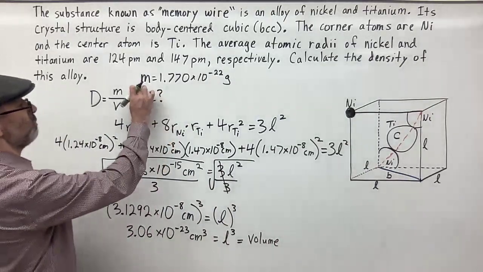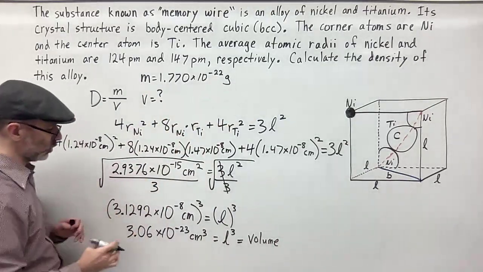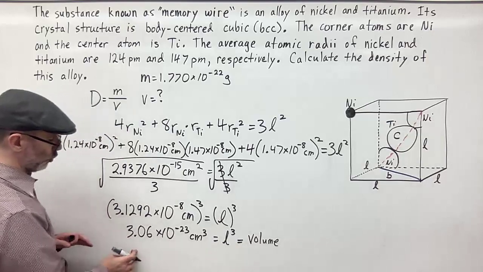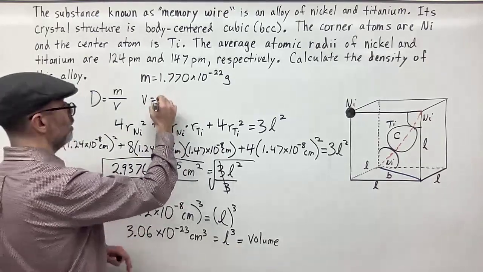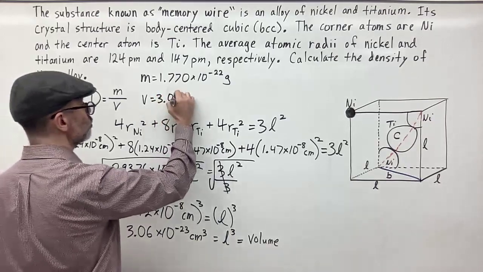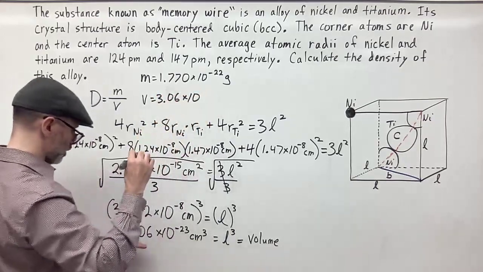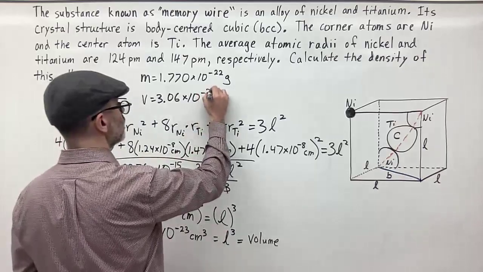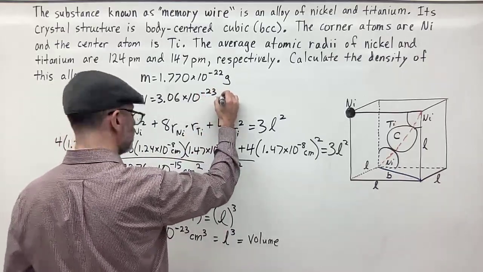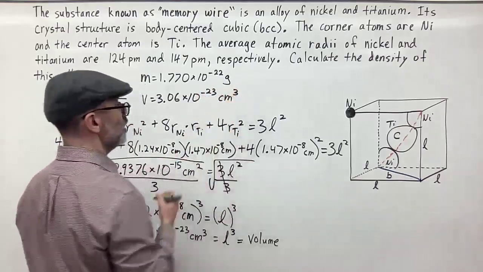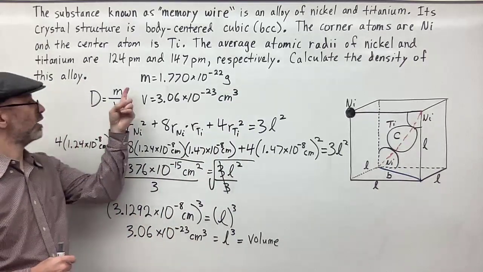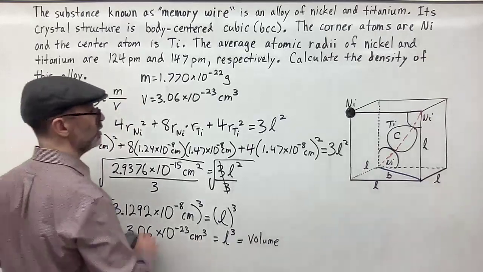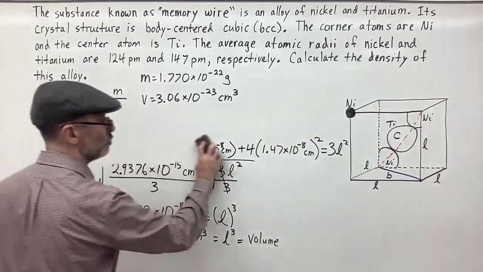So we have the mass that we calculated earlier. Now we have the volume, 3.06 times 10 to the negative 23 centimeters cubed. So now all we need to do to find the density is to divide mass by volume. So let's go ahead and do that.